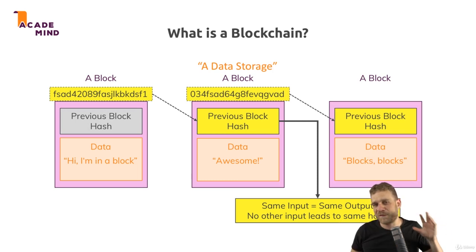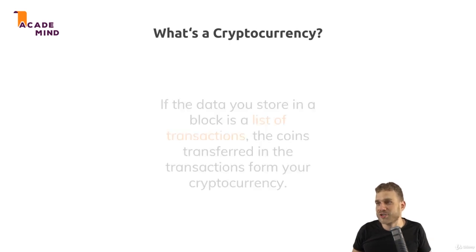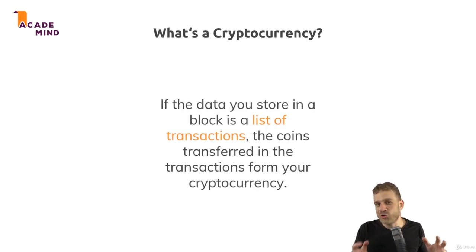Now, that's a lot of theory. What's a cryptocurrency then? Because a cryptocurrency is the most prominent use case of a blockchain. And a cryptocurrency is really just something which uses the blockchain technology. If the data you store in a block is a list of transactions, and a transaction is basically just a piece of information where you say who is sending how much to whom, these three things are important.